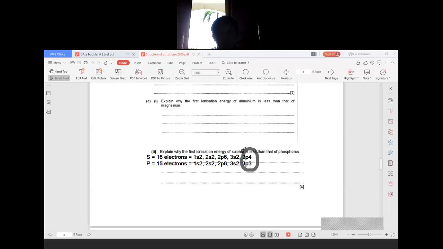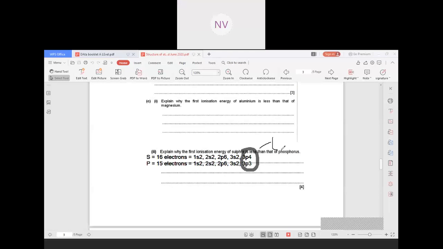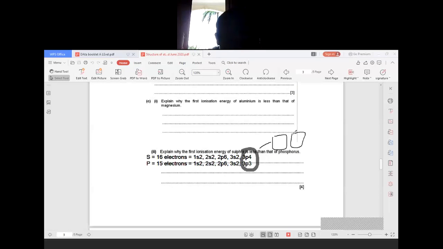3p4 and 3p3. If you draw the electrons, the p orbital has 3 orbitals: 1, 2, 3. And with this one also 1, 2, and 3. Remember that for p there is Px, Py, and Pz.